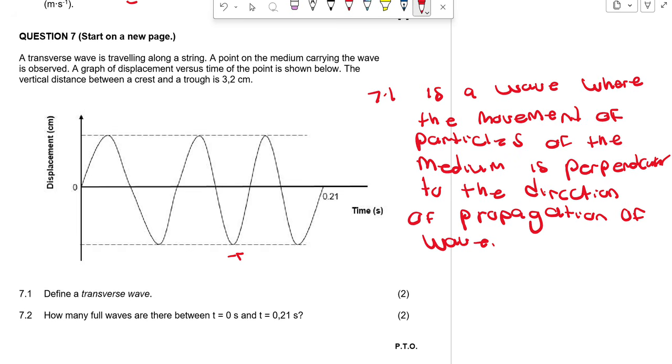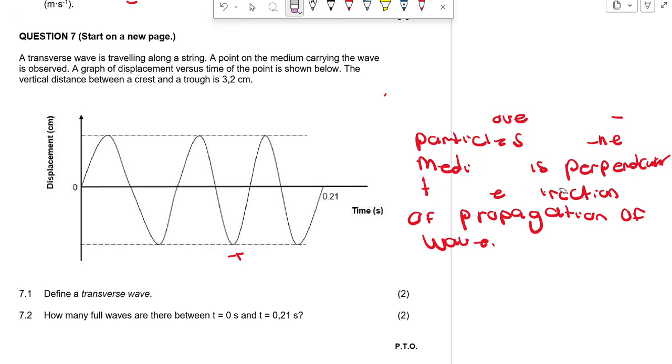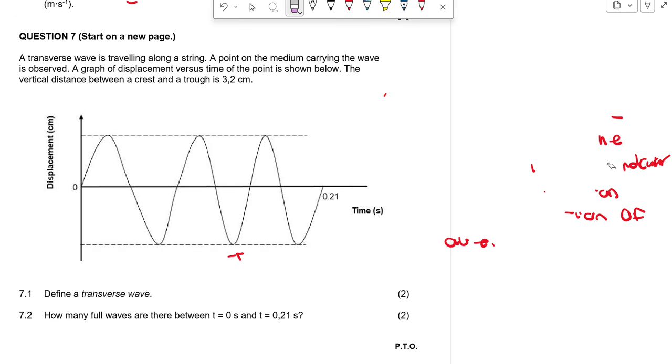So what are we meaning? So 7.2, it says how many full waves are there between 0 and 21? And we could just count it. Okay, remember, I'll just use a different color. From this point to this point, that is one wave. A wave must have a crest and a trough.